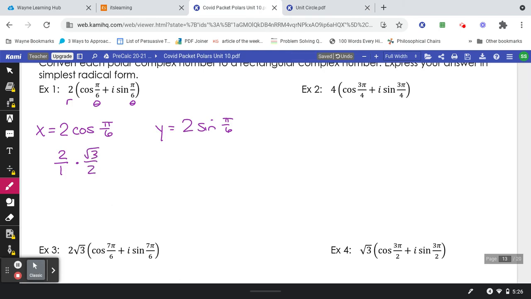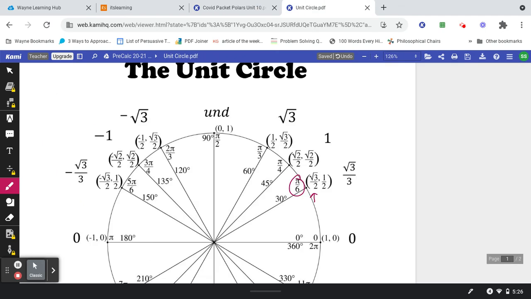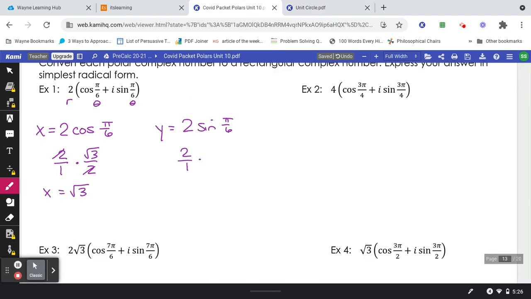I'll cross cancel the 2's to get x equals square root of 3. Same process for the y. This time I go to sine, which will be this one right here, that's the y, so I'm going to use 1/2. And the 2's can cross cancel, the 1's cross cancel, and I'm left with 1.